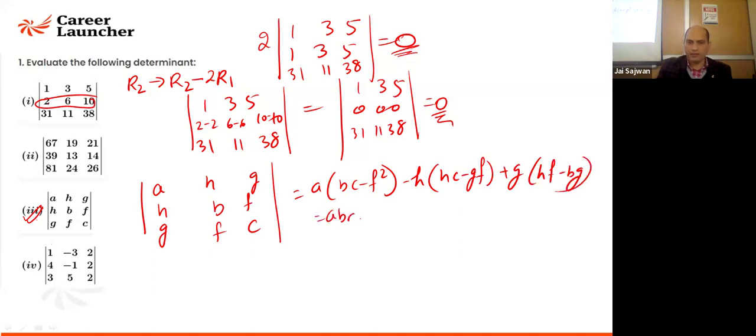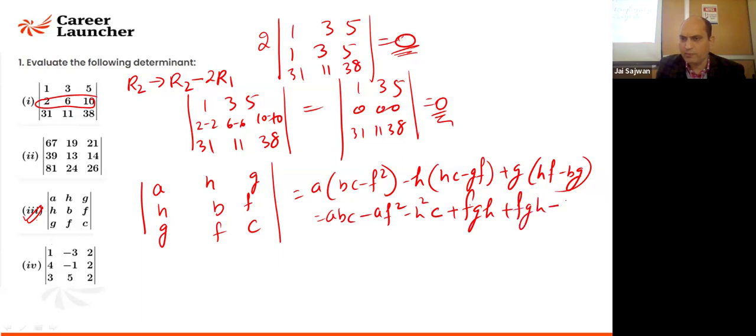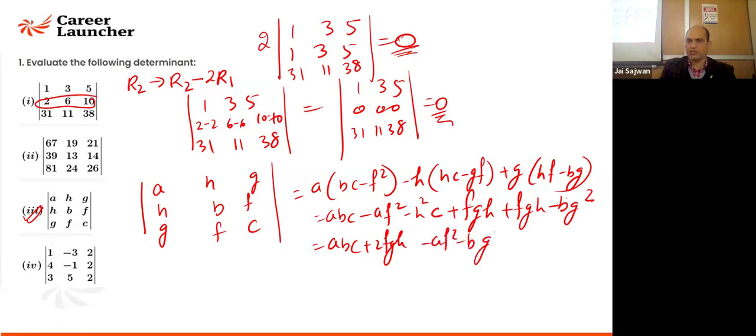So it is abc minus af square minus h square c plus g, sorry, we can also write this as fgh plus fgh minus bg square. Can I say fgh? Okay, so it is abc plus twice of fgh minus af square minus bg square minus ch square.